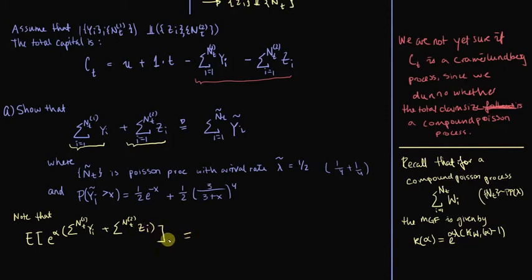Well, first of all, since the lines of business are independent, we can split this expectation into a product. So you have e to the alpha times the total claim size on the first line of business, multiplied by the moment generating function of the total claim size on the second line of business.